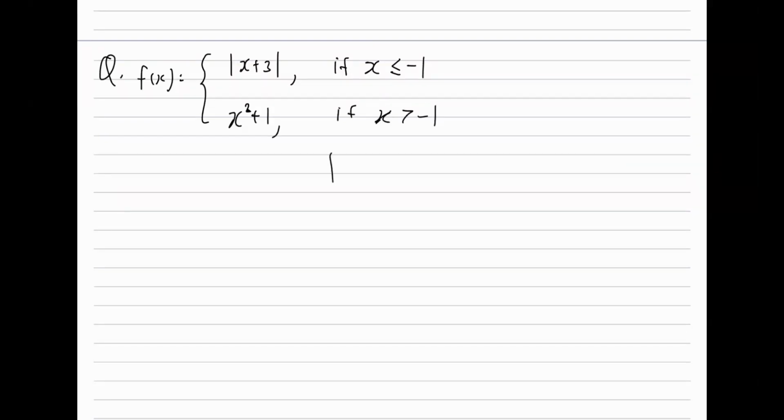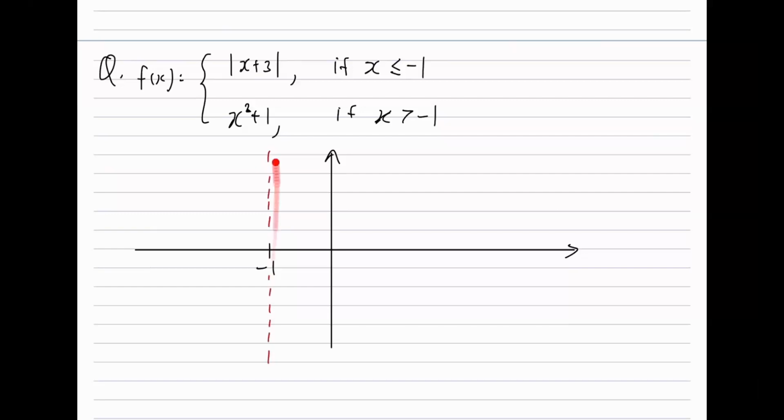So what this means is that you are going to draw the x and y axes. You plot x equals negative 1. This is not an asymptote, I'm just drawing this to help me. Maybe I don't use a pen, I'll use a highlighter to remind myself that there's a left half and a right half.